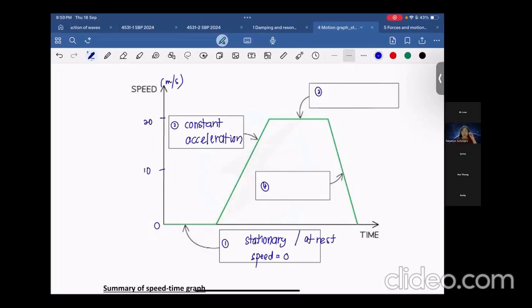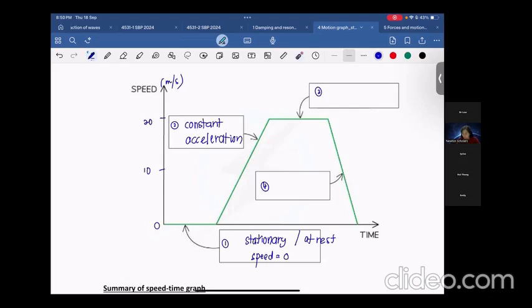So write in a more complete way, constant acceleration, because this is constant gradient. Acceleration is already correct, but it should be more in detail: constant acceleration.